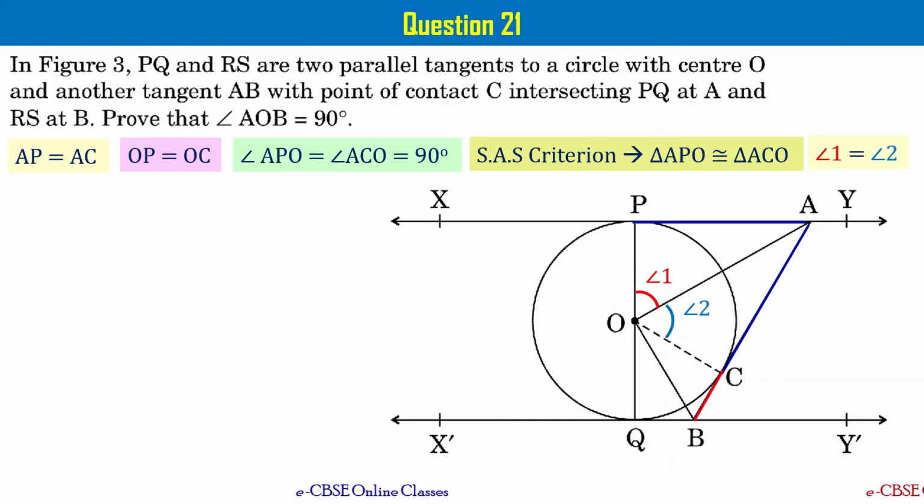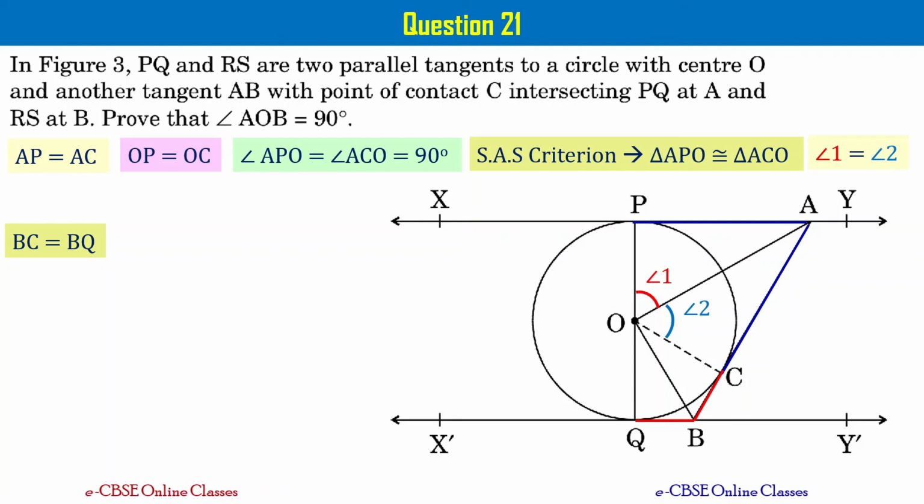Now let us consider line BC and line BQ. These two are the tangents drawn to the circle from point B, which is external to the circle, right? It means their lengths are going to be equal. So let me write BC equal to BQ. And from the figure, you can say that OQ and OC are the corresponding radii touching these tangents, right?